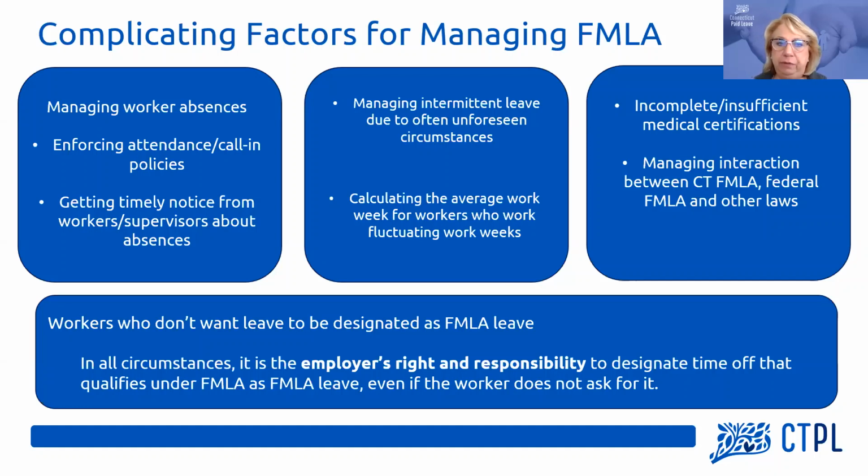Calculating the average work week for workers who work fluctuating work weeks. This is also challenging. You might have on record, this person is approved for, say, 20 hours a week of FMLA or intermittent leave, and then you find out they took 10 or they took 35.